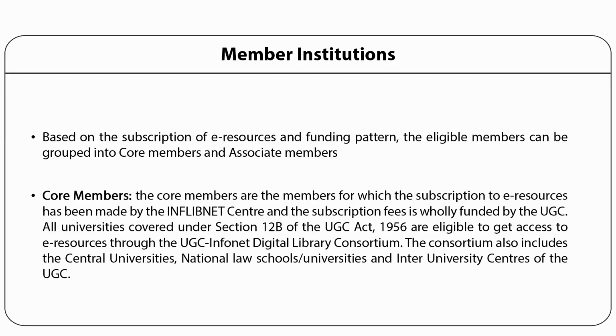All universities covered under the Section 12B of UGC Act 1956 are eligible to get access to e-resources through UGC-INFONET Digital Library Consortium. The consortium also includes Central Universities, National Law Schools or universities, and inter-university centers of UGC. The deemed universities that are funded by UGC are also the core members of the UGC-INFONET Digital Library Consortium.